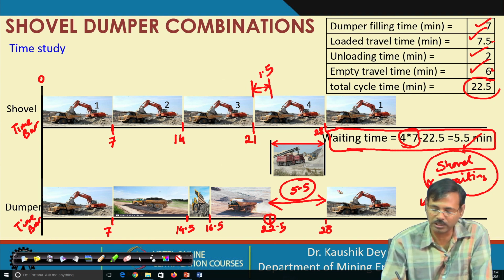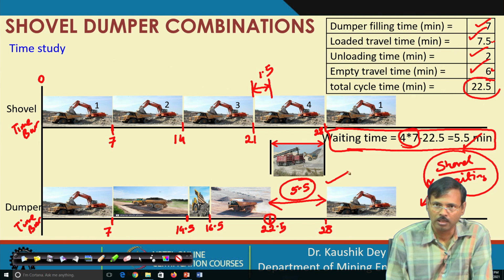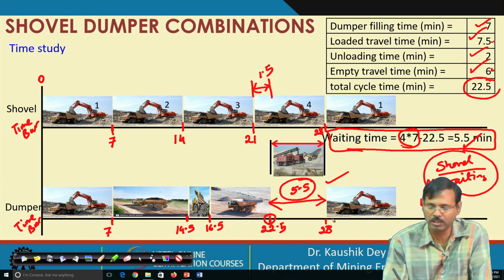Instead, we opt for the damper waiting. Another factor is that the damper is a mobile equipment, so it has a more unpredictable cycle duration, but the shovel is a stationary one, which does not face all those problems. The damper may face traffic problems, and may face waiting time in the dump yard; all these are problems associated with the damper, but the shovel does not have those problems.